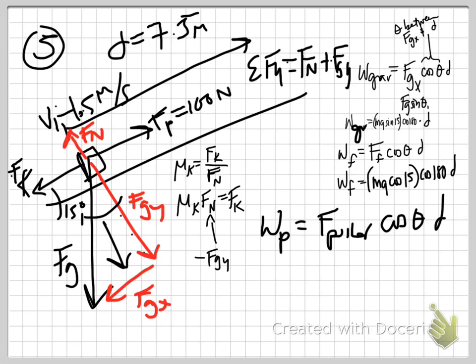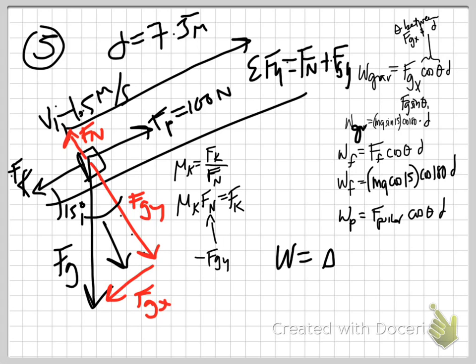Now, for D, there are multiple ways to approach this. So, one way you could approach this, changing kinetic energy, would be the work equals delta KE. The net work is the change in kinetic energy.